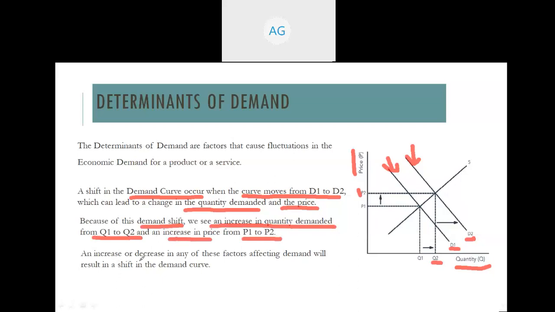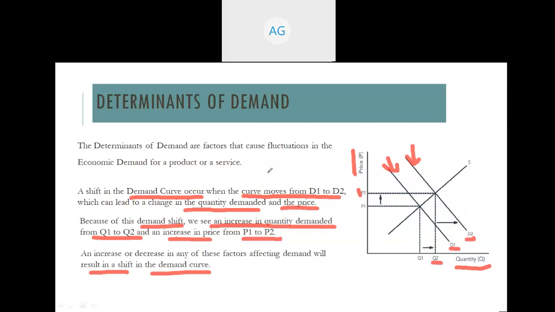An increase or decrease in any of these factors affecting demand will result in a shift in the demand curve. So if any of these factors, like quantity, price and demand, has been increased or decreased, then it basically affects the other factors as well.